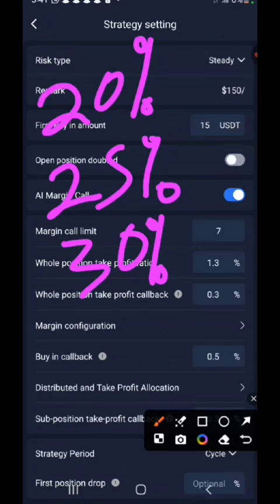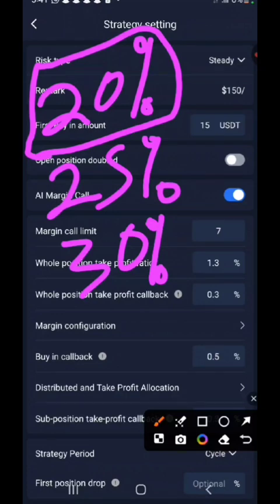Remember, if you have much capital, I don't expect you to use 20%, because 20% of your capital will be a smaller amount of dollars which you'll inject in that coin.